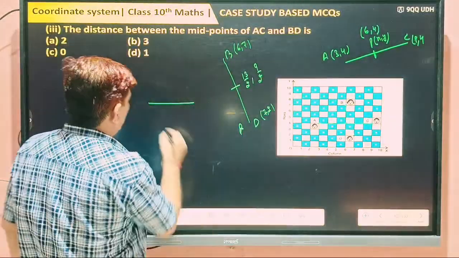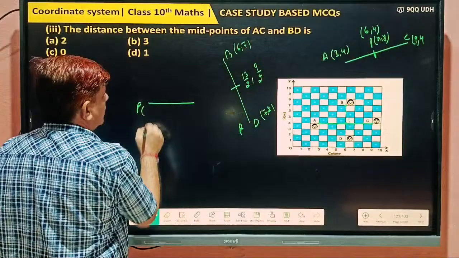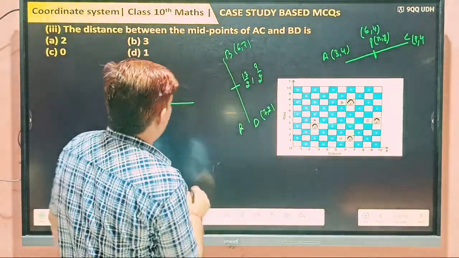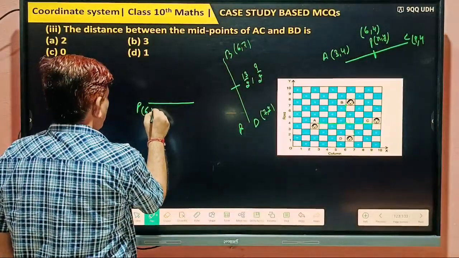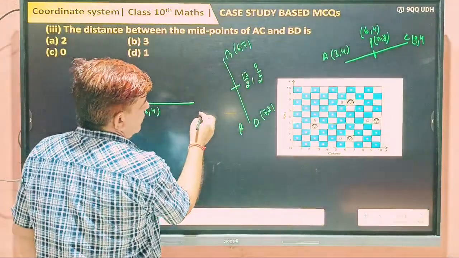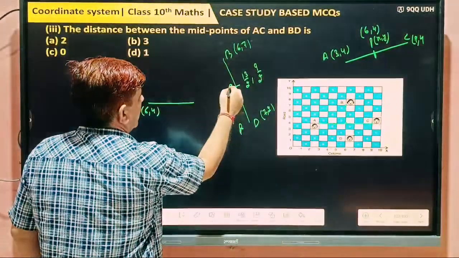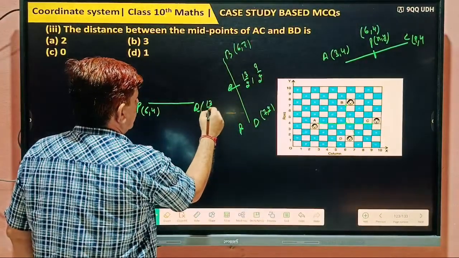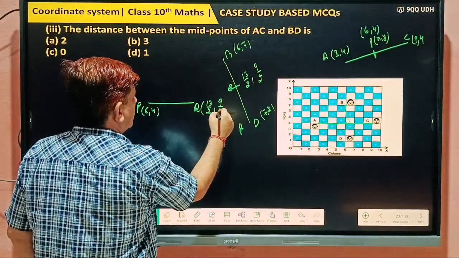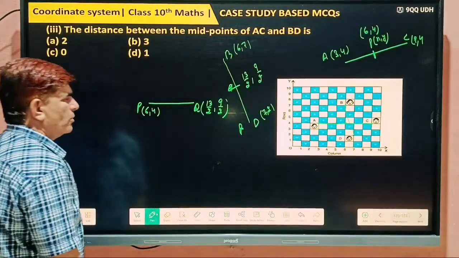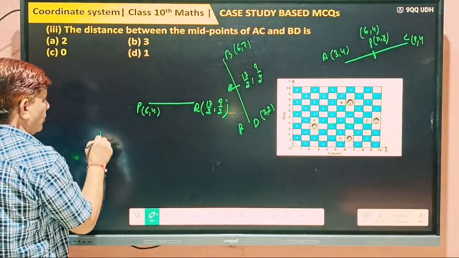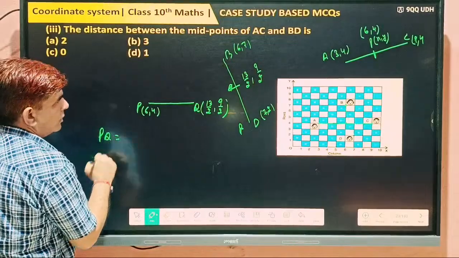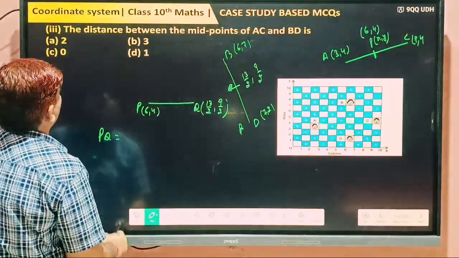One point P, whose coordinates are 6 and 4. And another point given, Q we can say. Q point whose coordinates are 13 by 2 and 9 by 2. So by distance formula we can find out. So PQ is equal to how much?